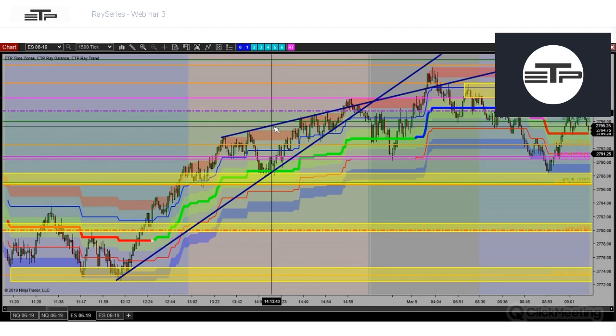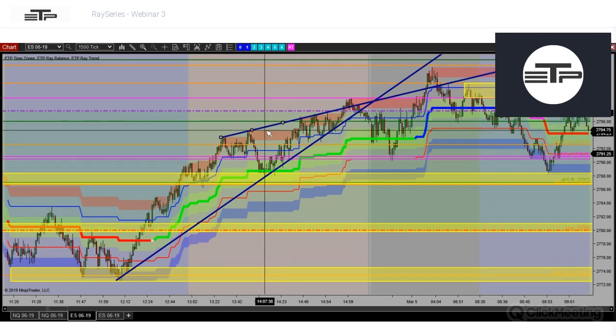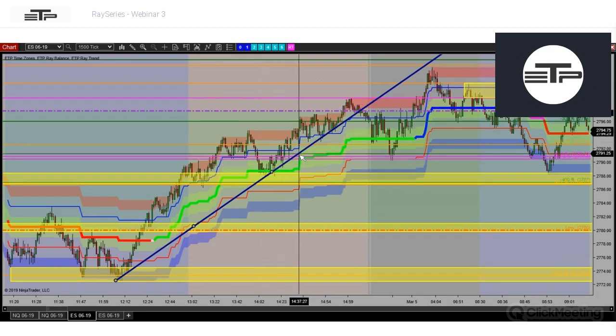This is actually a chart pattern called a wedge. But that again is an entire course on just chart patterns, because there are a lot of them and a lot of different ways to trade them.